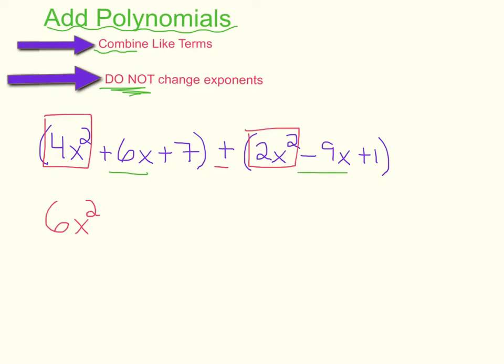So 6 plus negative 9 is negative 3, negative 3x. And then we have a positive 7. You add the constants together, plus 1. 7 plus 1 is 8. And that is it, 6x squared minus 3x plus 8. And that is a quadratic trinomial.